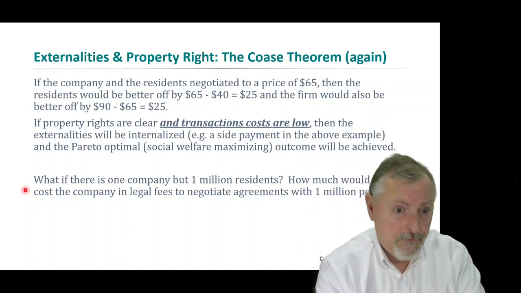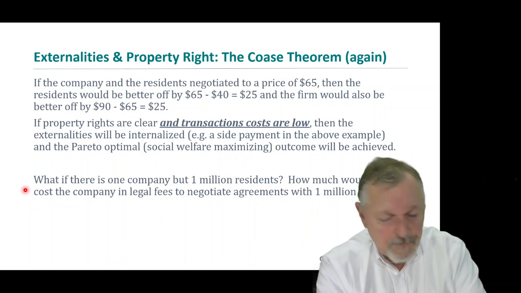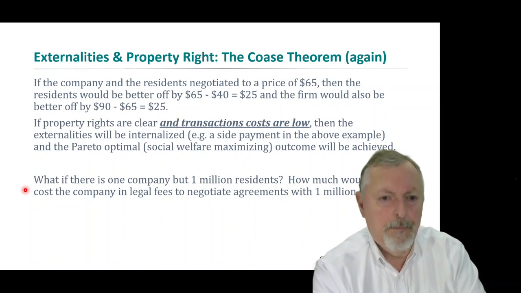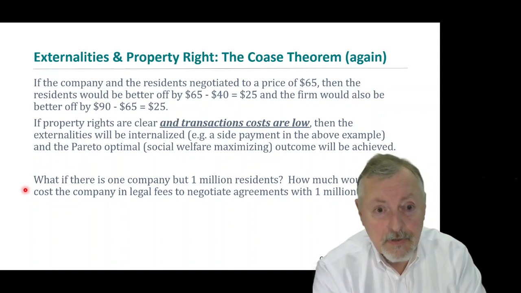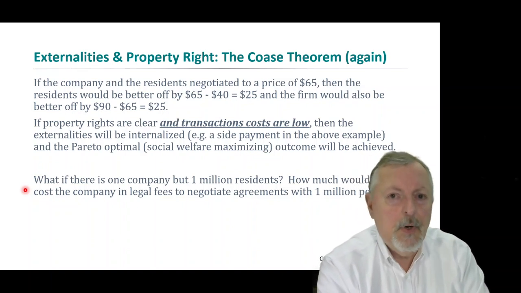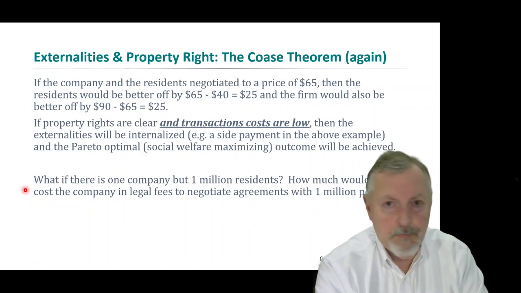What would happen if the property rights were perfectly defined, but instead of one company and 27 people, it was one company and 1 million people?